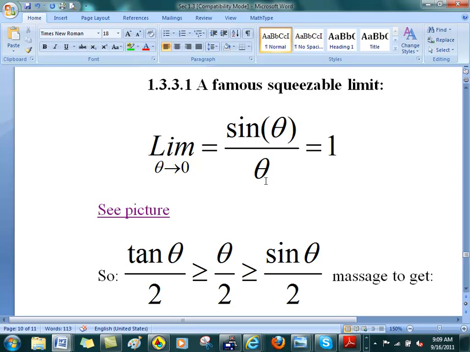Is that theta? Yes, that's theta. So instead of x, I'm using theta. You don't need to write the picture, okay? I need to show you that. So what you want to do is write that limit, and then after that you'll have a picture.